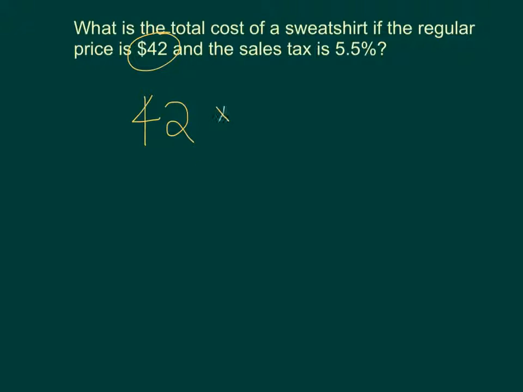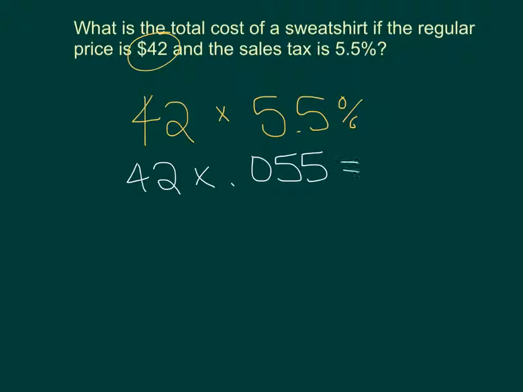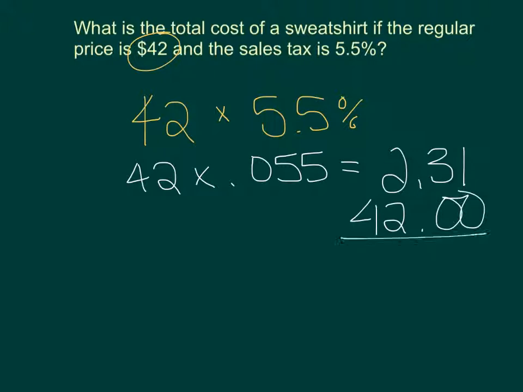So that's times 5.5%. But we have to turn that percent into a decimal, so it's really 42 times 0.055, which is $2.31, and then you add that to the original $42 and you get $44.31.